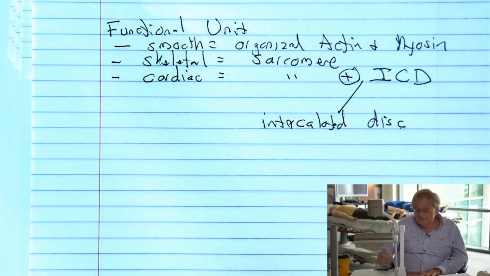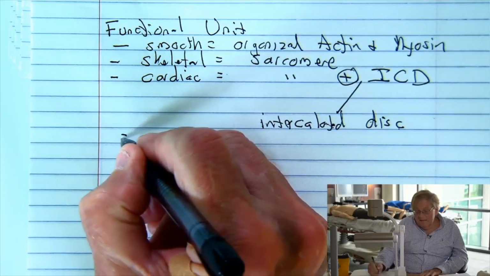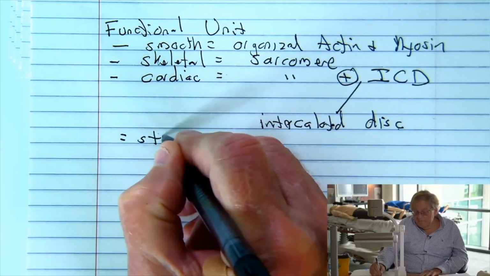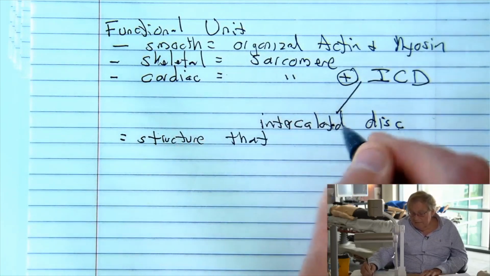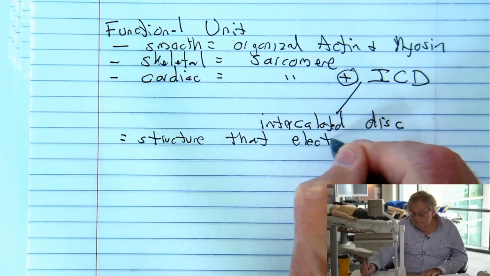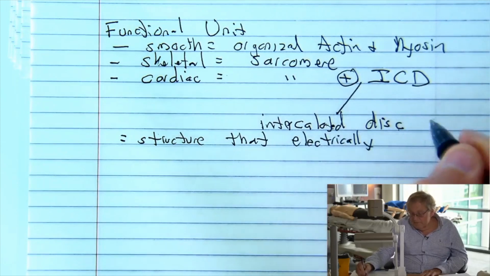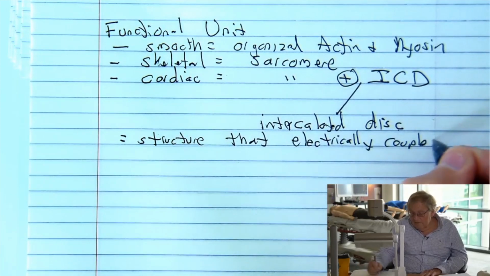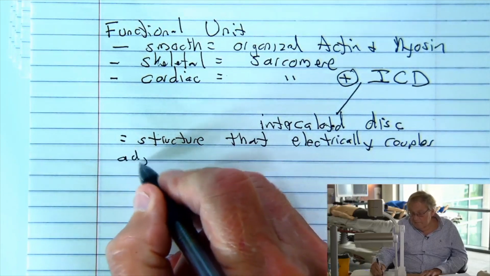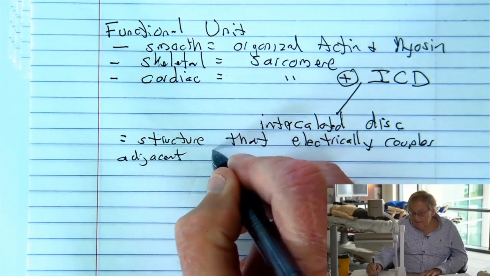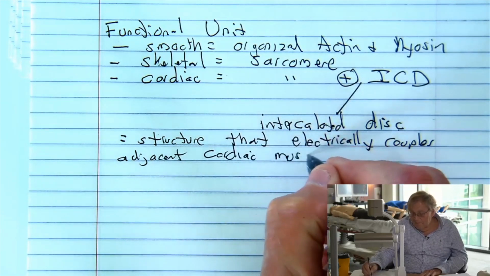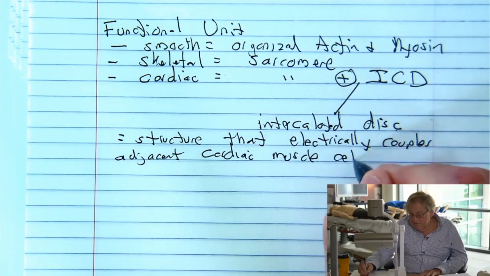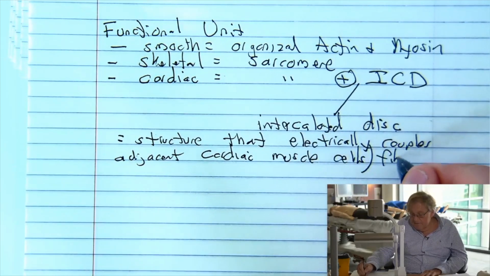An intercalated disc is going to be defined as a structure that electrically couples adjacent cardiac muscle cells, fibers, myocytes.